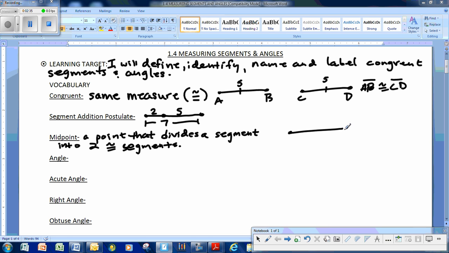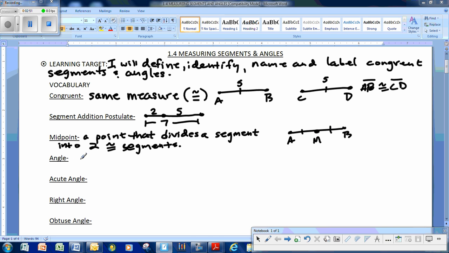So if I have a segment AB, and right smack dab in the middle is the midpoint M, that means that AM would be congruent with MB. M is the midpoint, cuts that segment into two congruent segments.